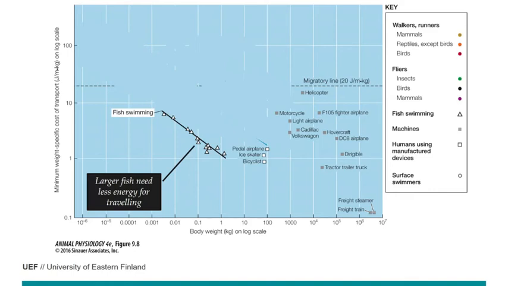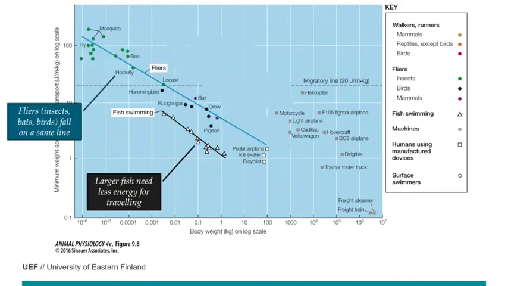But then we have flying animals, all the way from flies or mosquitoes to bats and birds. They are also quite much on the same line. And the same size fish requires less energy than the flying animals.